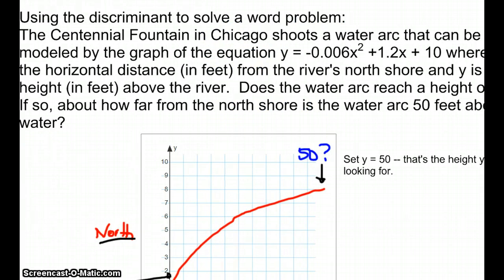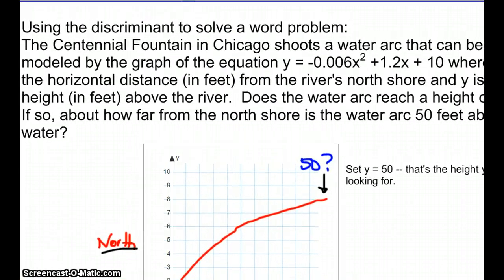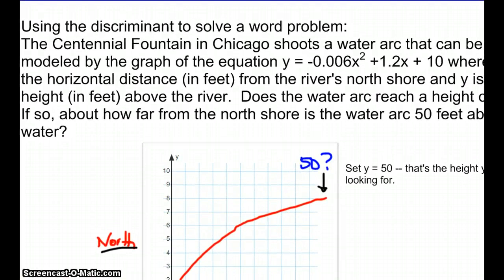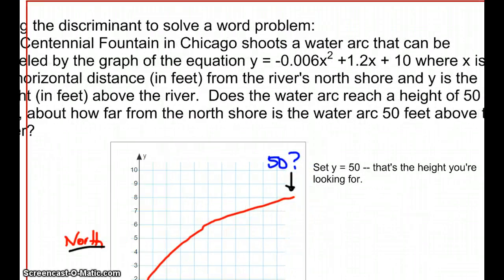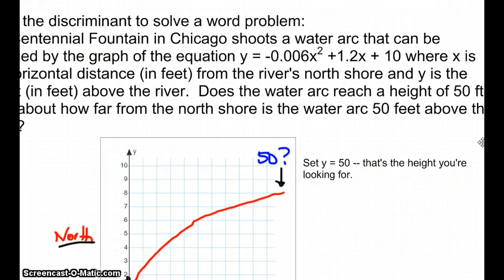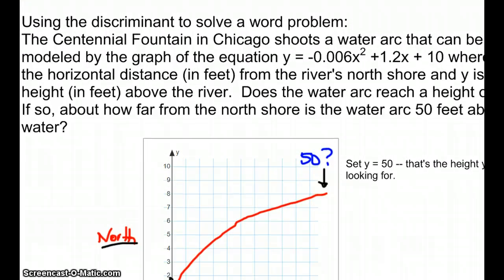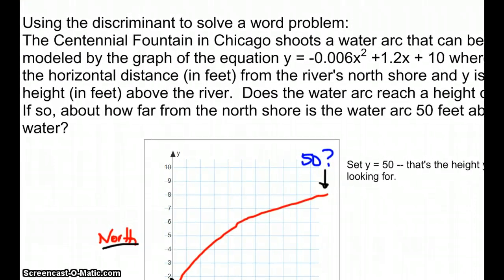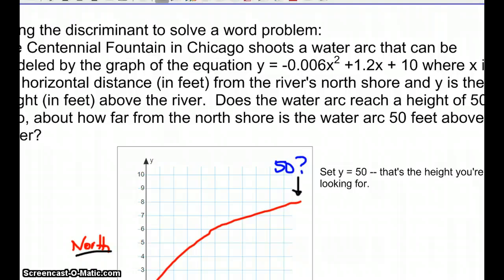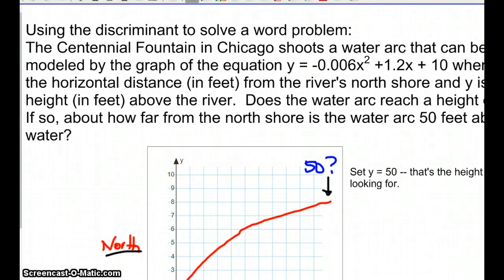We're going to use the discriminant to solve a word problem here. The Centennial Fountain in Chicago shoots a water arc that can be modeled by the graph of this equation: y equals negative 0.006x squared plus 1.2x plus 10, where x is the horizontal distance in feet from the river's north shore, and y is the height in feet above the river.